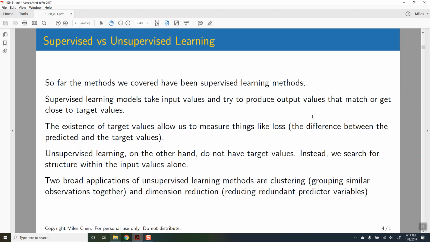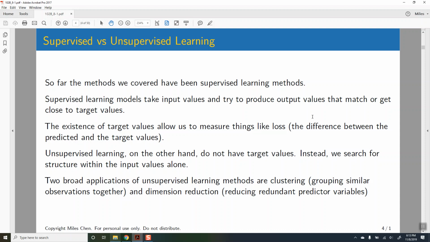Or whatever things you're doing in your homework, like trying to identify the species of flower based on the petal length and petal width and stuff like that. You have input values and you have the output value. You know that it's supposed to say setosa or virginica, and so you're trying to get your results to match that.